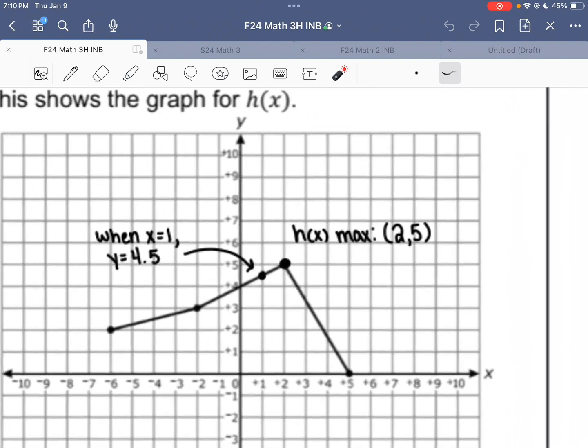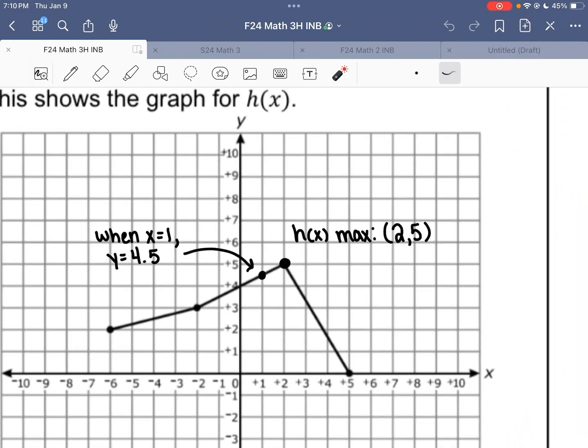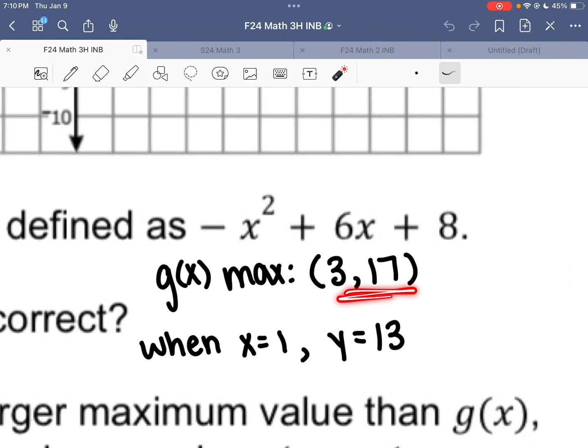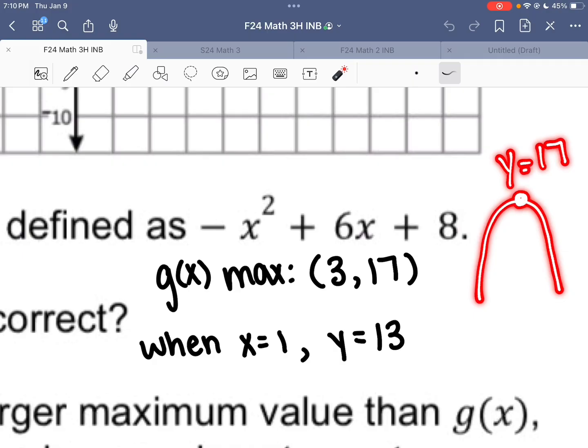So looking at function H, it looks like the maximum value is where y is 5, and where x is 1, it looks like that maximum value is about 4.5. When you go to Desmos and you graph this, it kind of looks something like this, where the maximum value is where y is 17.